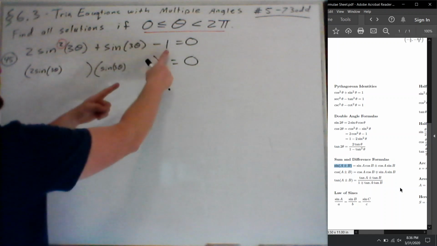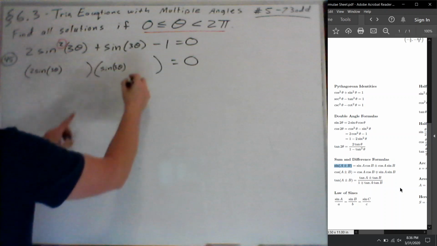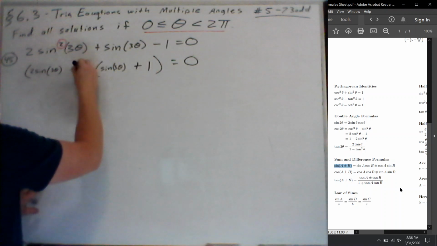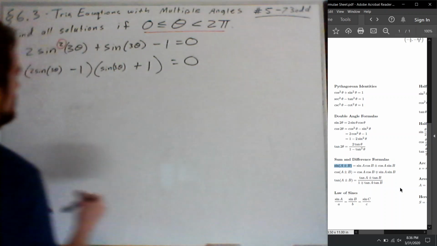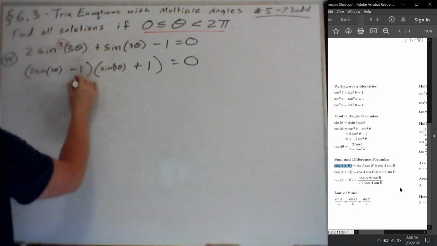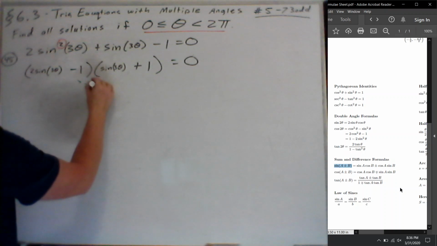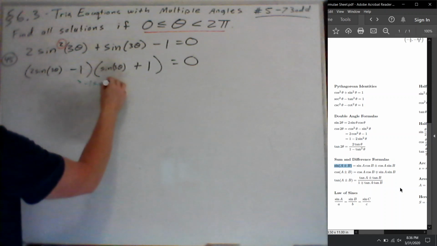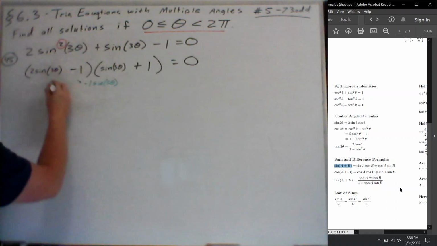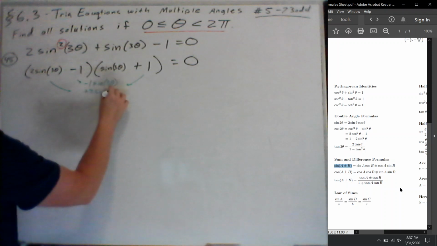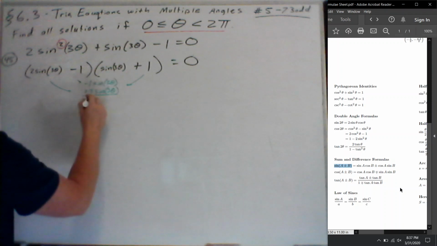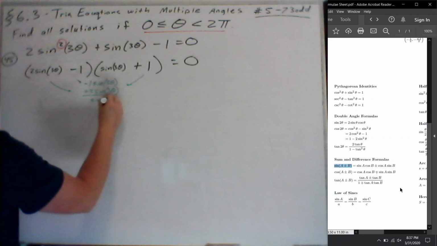I need a negative 1 on the end, but I want a positive sine of 3 theta. And again, just because we haven't seen one in this section, remember when you're checking, it's just like you're working backwards here to just check your inner and your outer terms to make sure you've got 1 sine of 3 theta.